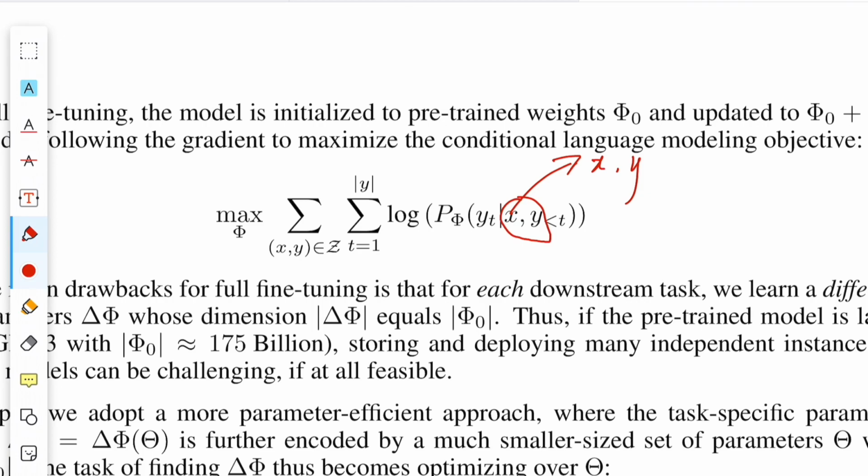And where's our predicted label? The yt is the predicted label. We want the predicted label to be as close to the target as possible. So what I mean is we want yt and y as close as possible. For every pair of training data, we want to achieve this objective.